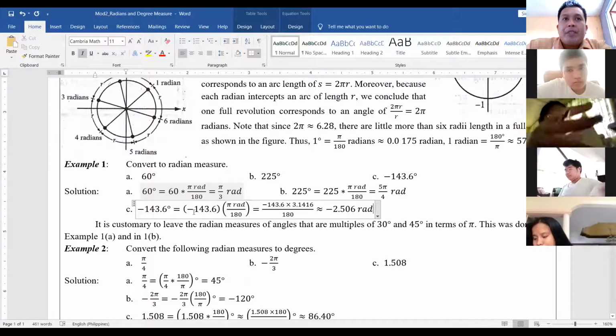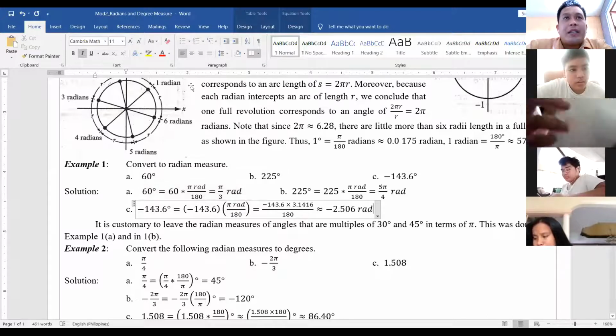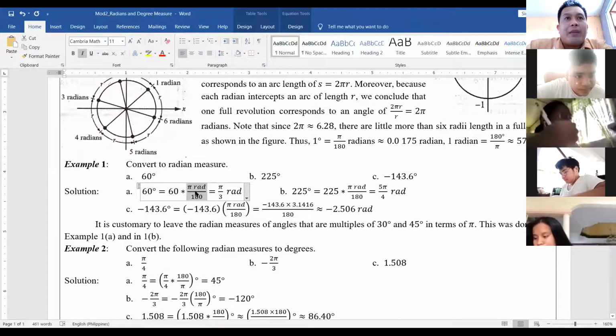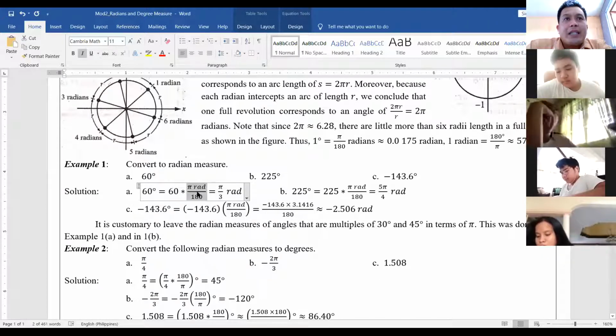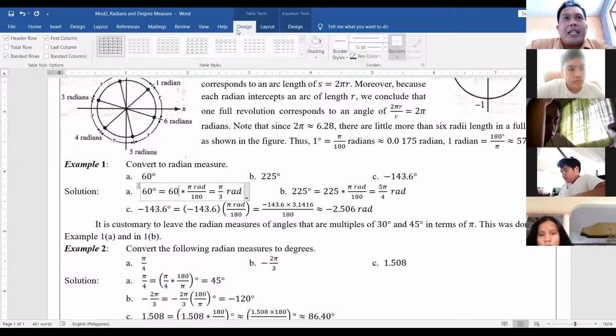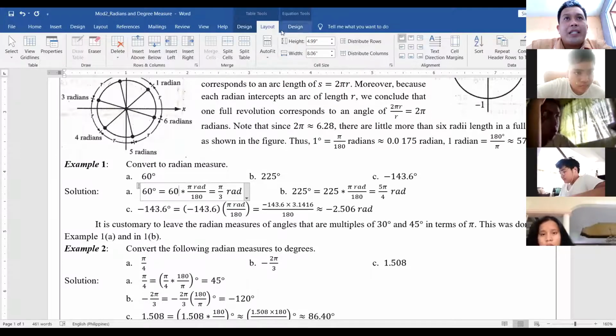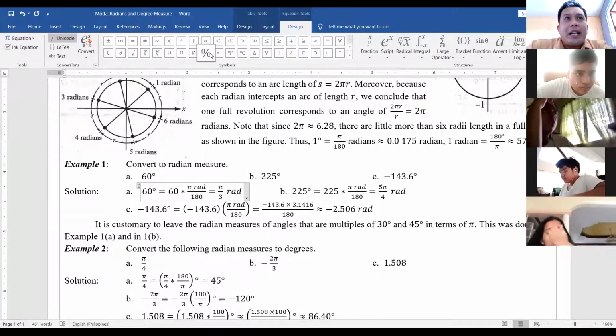So from the examples, to convert degree to radian measure, we have to multiply it by pi radian over 180 degrees. It's just that the degrees here are not written anymore because they are cancelled. If you write the degrees here, class, notice the given has degrees in the original, as with the denominator.